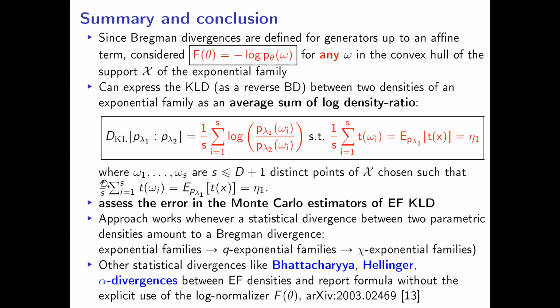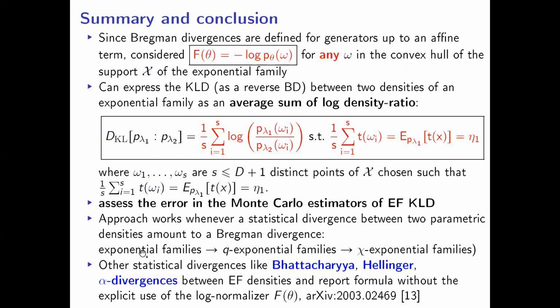And as one application, we can assess exactly the error in the Monte Carlo estimator whenever we use the KLD between two densities of an exponential family. Our technique relies on Bregman divergences, and other statistical divergences which are equivalent to Bregman divergences on parameters can also be fitted in this framework.